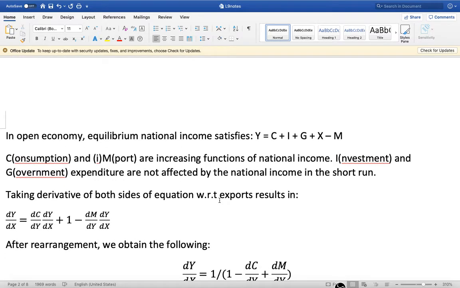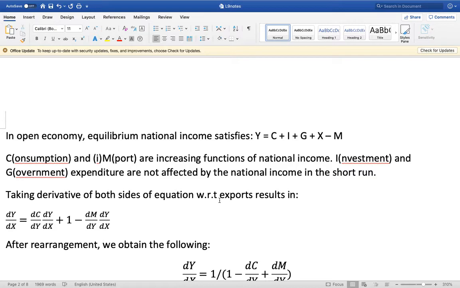And in an open economy, the equilibrium national income satisfies y equal to c plus I plus g plus x minus m.